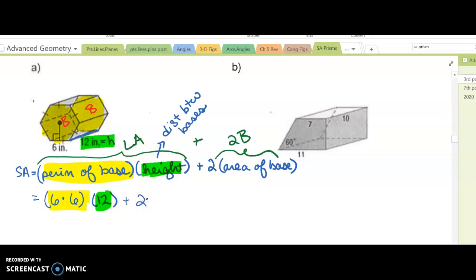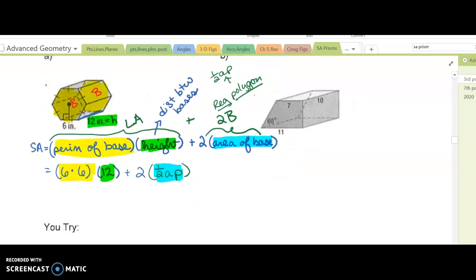Now, here's something interesting, we have to think about what kind of base we have. In this case, it's a regular polygon. And then we have to think about what formula we use for a regular polygon. So that's 1/2 apothem times perimeter. So I'm just going to plug in that formula for now. 1/2 apothem times perimeter.